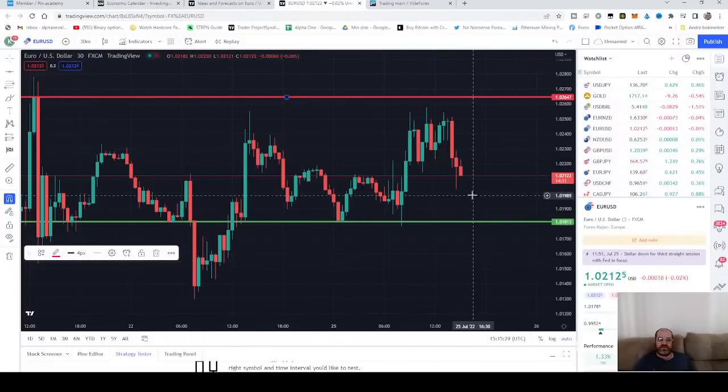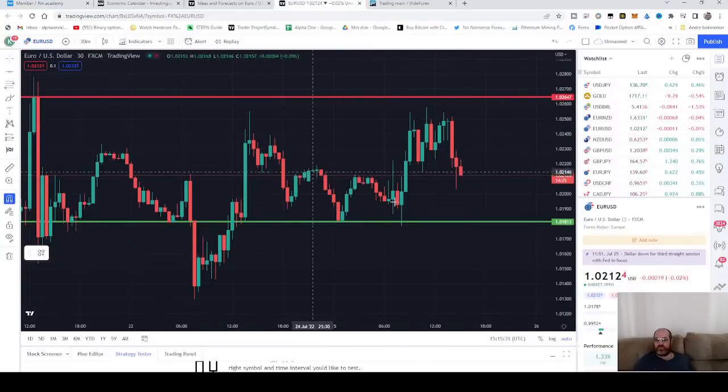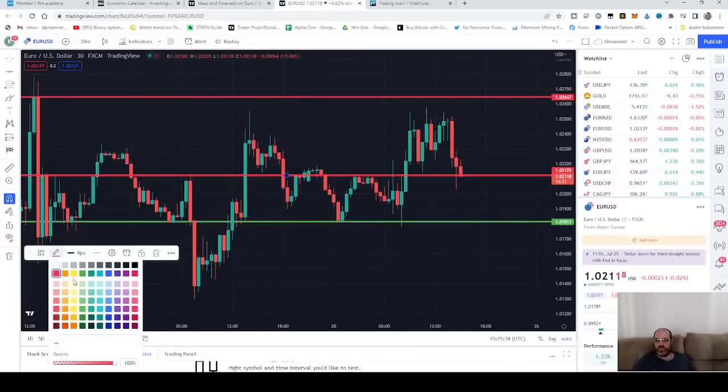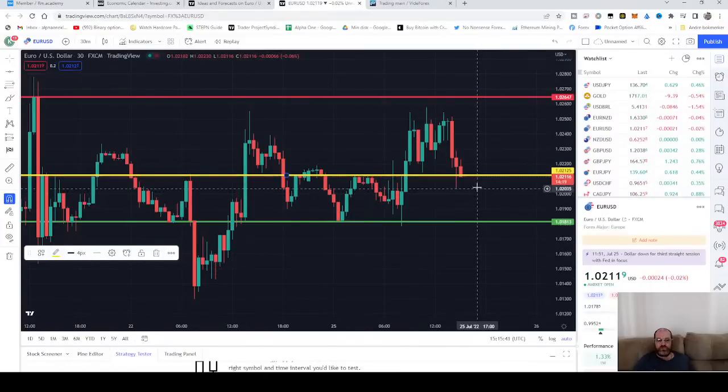Here we can see that we might look for a buy trade. Okay, so let's put up one more line here. Let's make that one a yellow. What do you want to see now? As you can see now, this is a support zone. Because it's in the 30 minutes, it's quite a decent strong one.